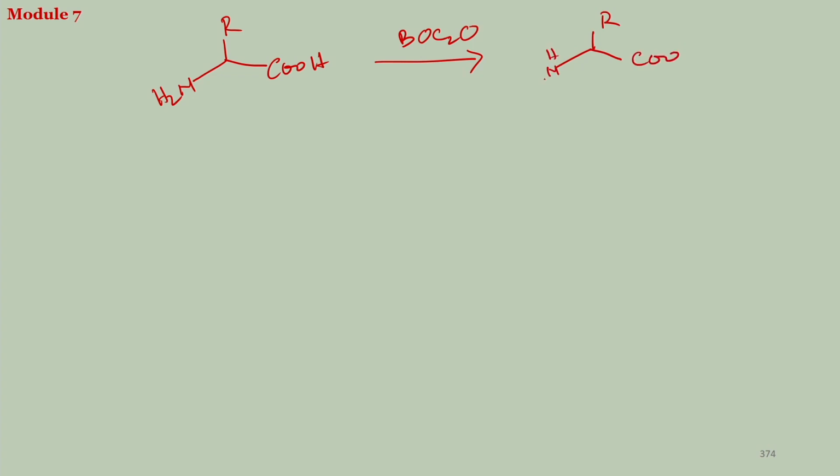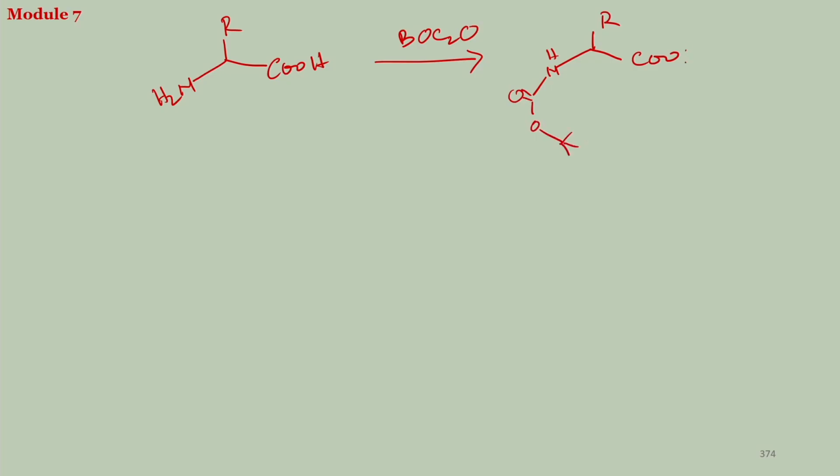So, once again for the amine terminals, if you want to protect the amino groups of the amino acids, this is your amine. You can protect it by using Boc anhydride, that will give you this, NH Boc, O tertiary butyl.